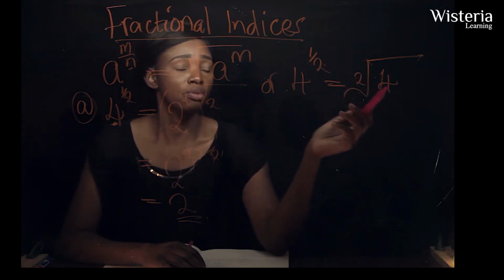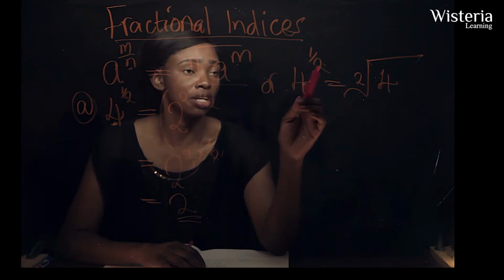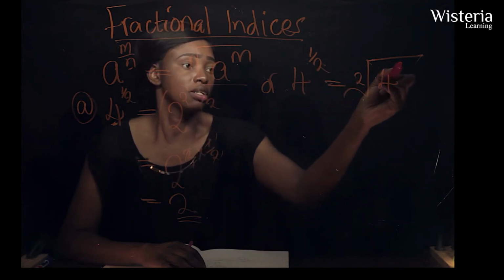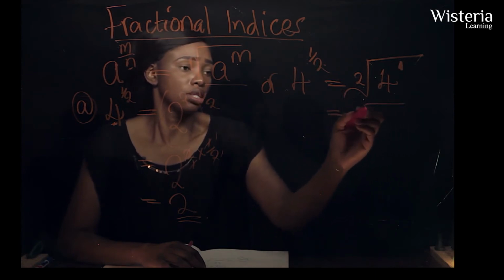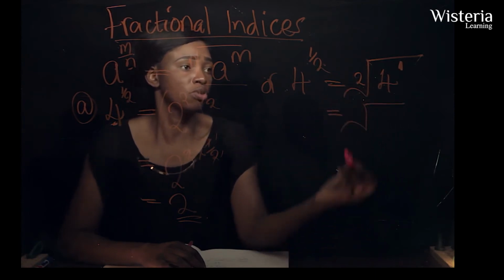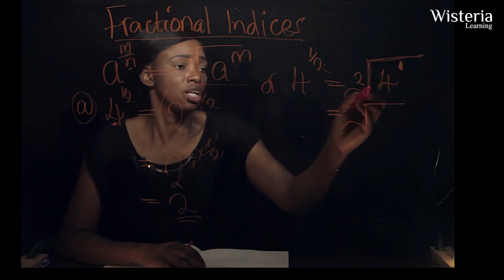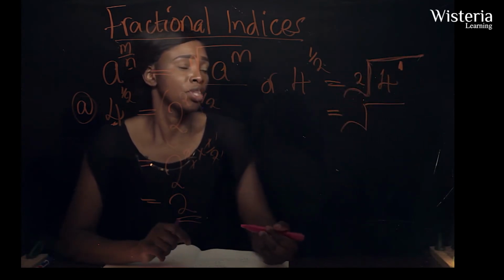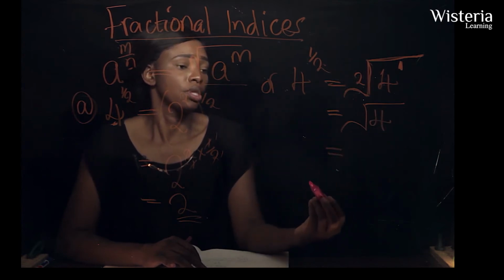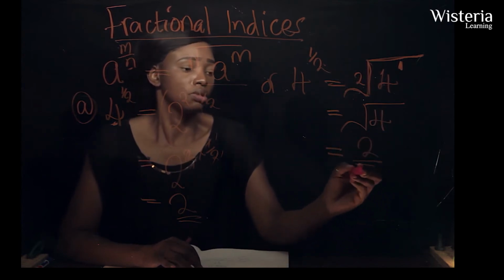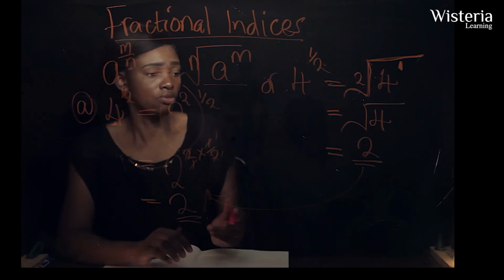But for illustration purposes, because we can have another number here, 2 will come there and 4 to the power 1. So the square root, we can even ignore the 2 because when we use this symbol, it means there is already a 2 there.